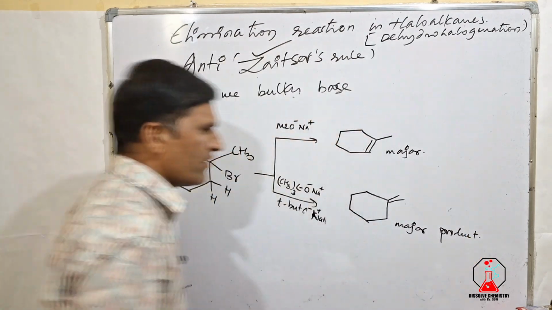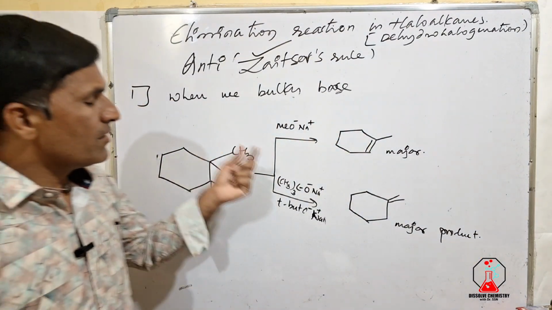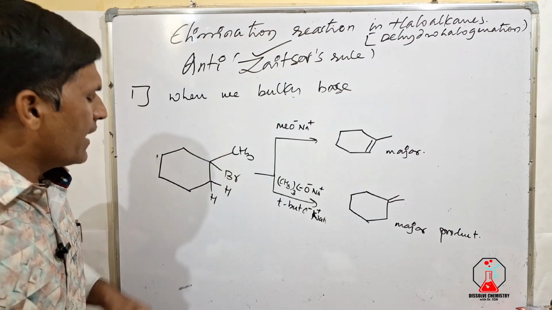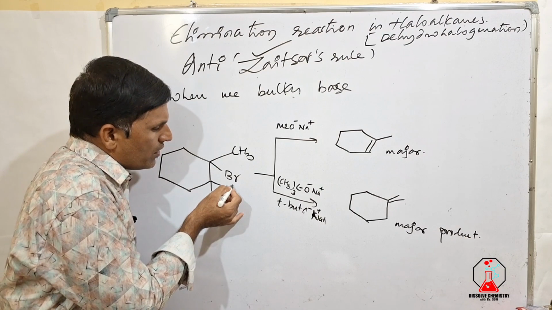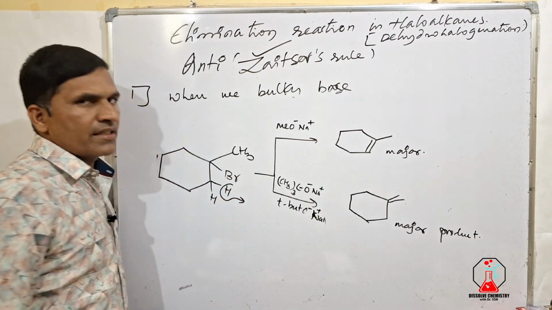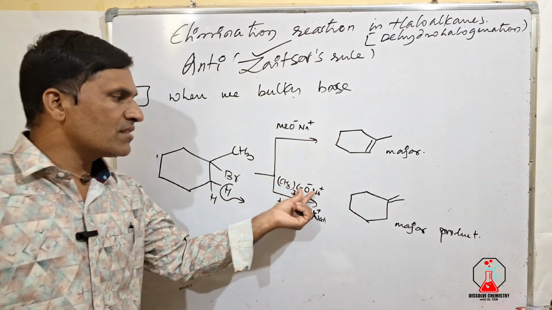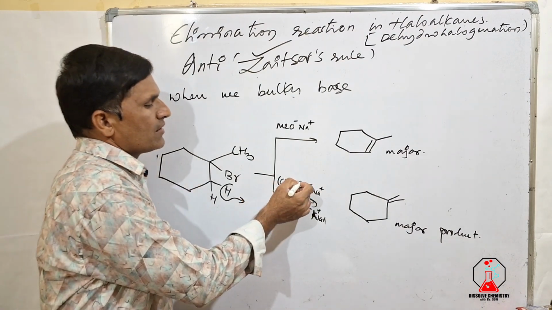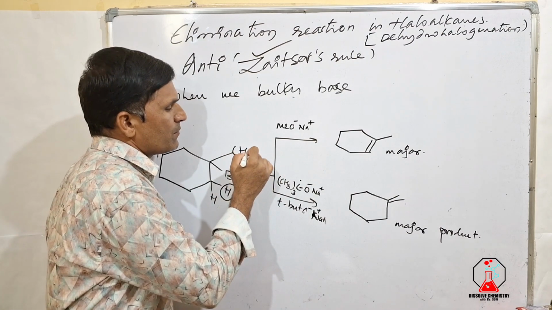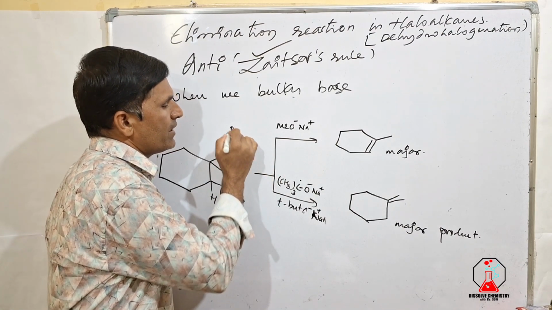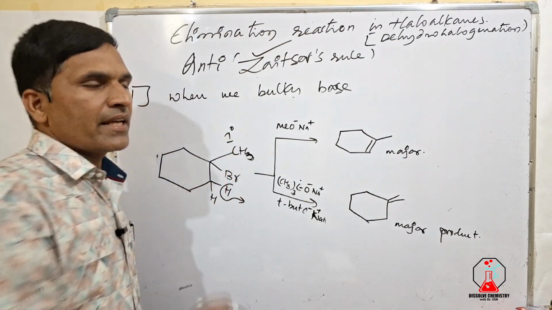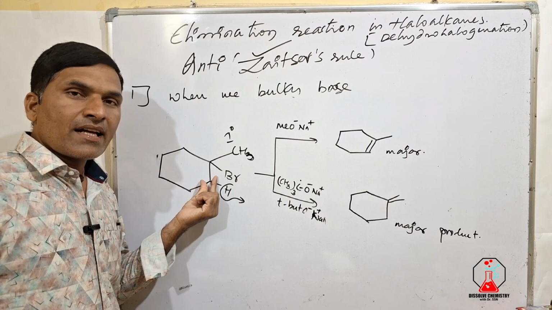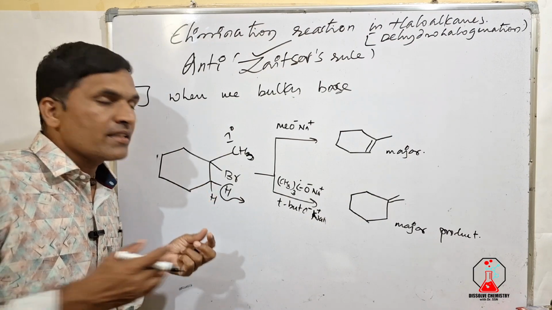Now, how can we explain this? In the presence of this bulkier base, the removal of the proton from this carbon is sterically hindered, so the base cannot reach this proton. Therefore it readily takes up the proton from this free primary carbon atom, or methyl group, rather than taking hydrogen from the secondary carbon atom where it cannot reach properly.